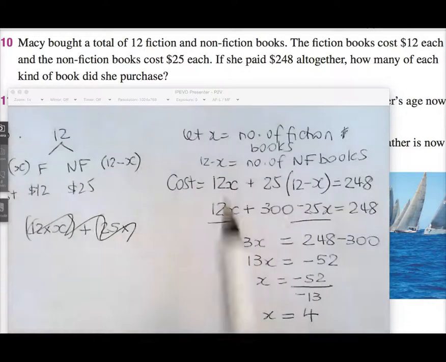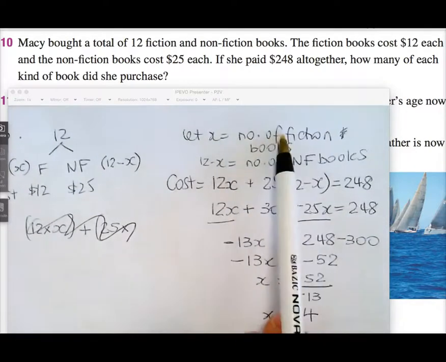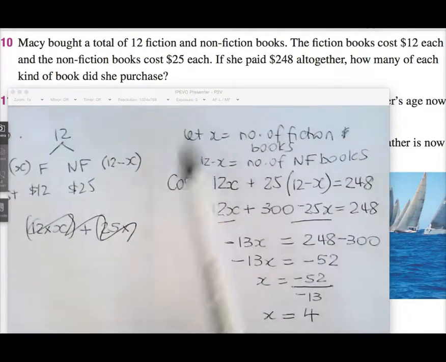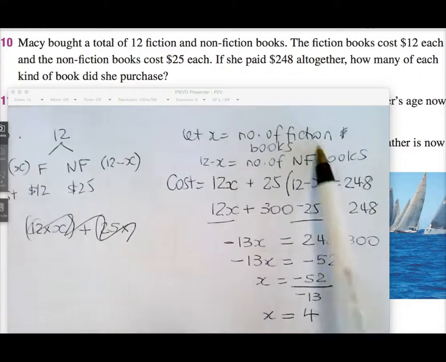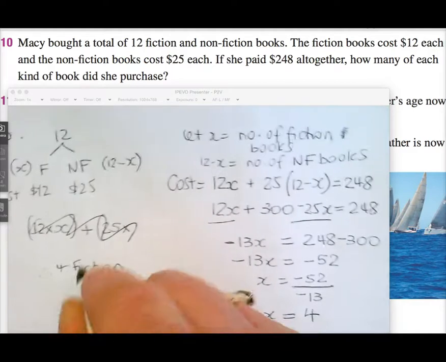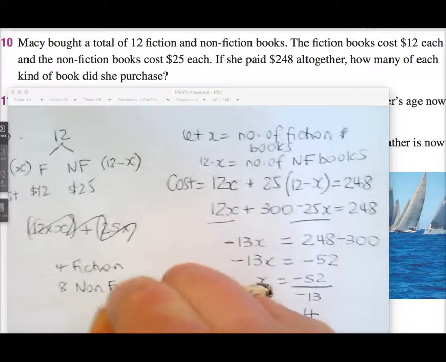So it's really important you decide if X is fiction or non-fiction. So write your definition up the top. That's really important because you don't want to get them mixed around at the end. So we've got 4, which type? So therefore we've got 4 fiction and how many non-fiction? And 8 non-fiction. Yep.